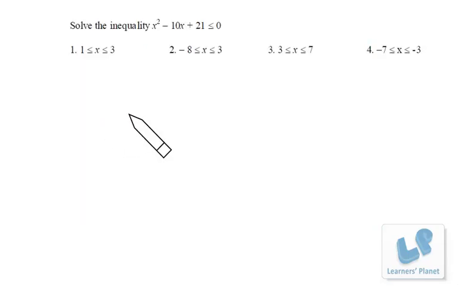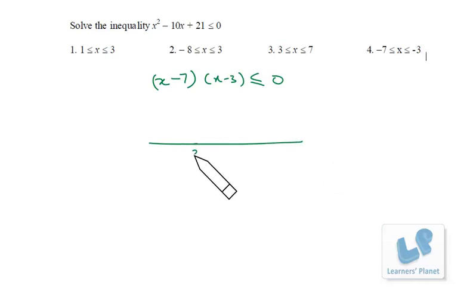Solve the inequality x square minus 10x plus 21 is less than equal to 0. The problem is simple. First we do the factorization: x minus 7, x minus 3, and that is less than equal to 0. Just go for the wavy curve method. 3, 7, start from here. Since we want the expression to be less than equal to 0, that will be between 3 and 7.